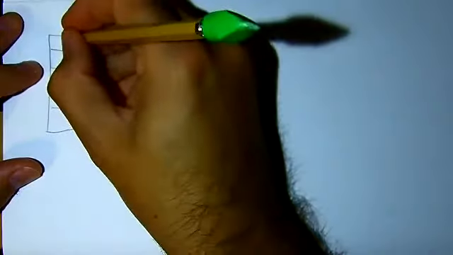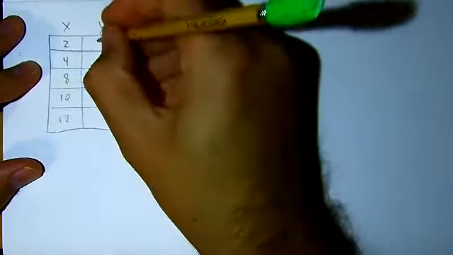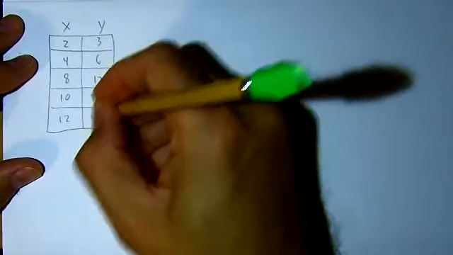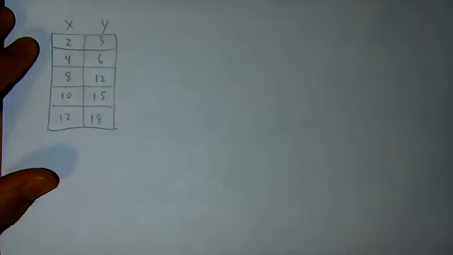For example, let's say we had that, and they said, is this a function? Well, there's a super easy way to tell if an input-output chart is or is not a function.